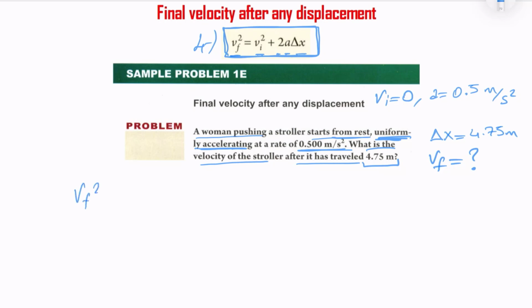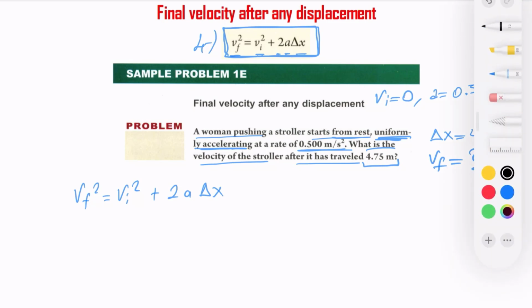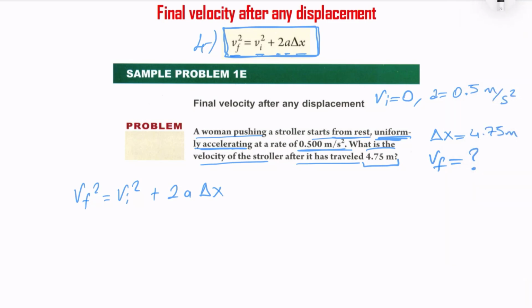V final square equal V initial square plus 2a delta x. Let's change the color of the pen. And what is the initial velocity? Initial velocity is 0, so this will be 0. And the question says what's the V final? We can use formula directly. V final square equal 2 times, what is the acceleration? 0.5 multiply by delta x.